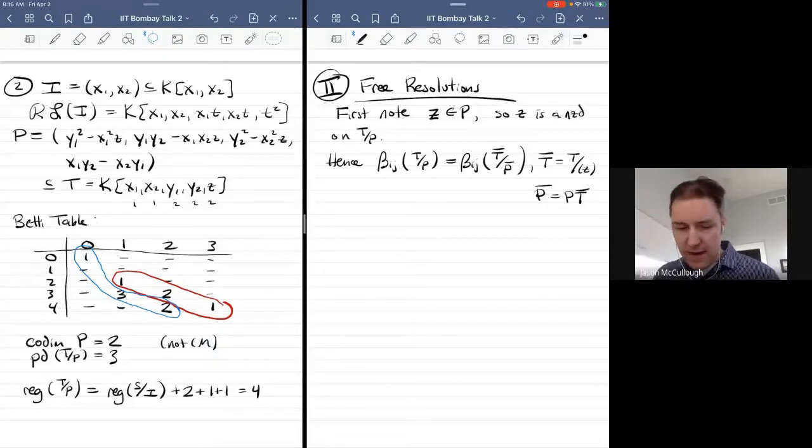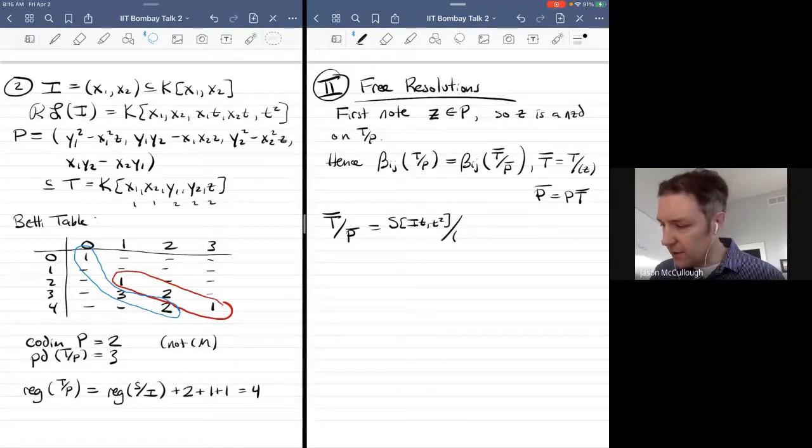And after you mod out by z, nice things happen. This is something we didn't realize at the time. But if you go back and think about the t grading on the Rees-like algebra, modding out by the variable z is the same as killing the ideal generated by t squared in the Rees-like algebra. So this has the effect of just killing everything of degree 2 and higher.